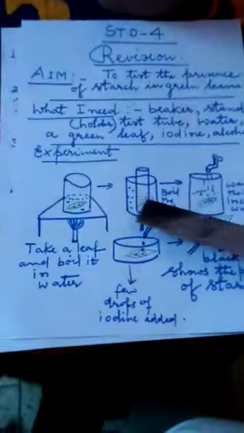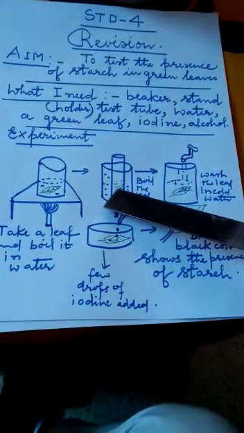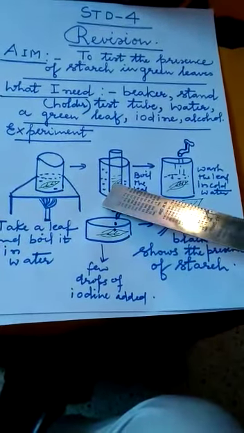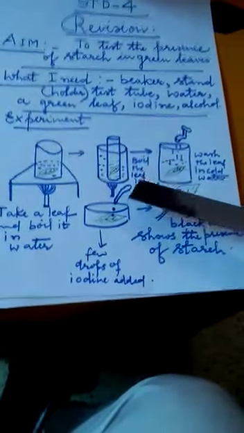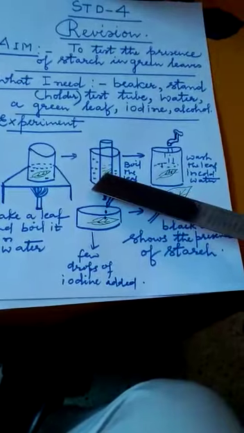Chlorophyll is the green pigment, all of us know. We must not have this green color in the leaf, because we want to test the presence of starch in the leaf. So we have to boil it for bleaching of the leaf.